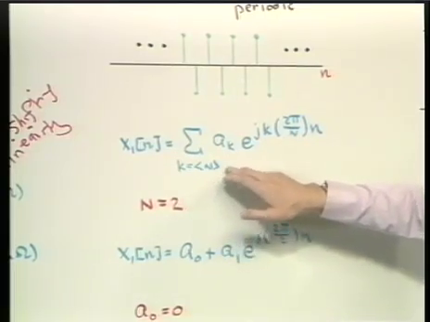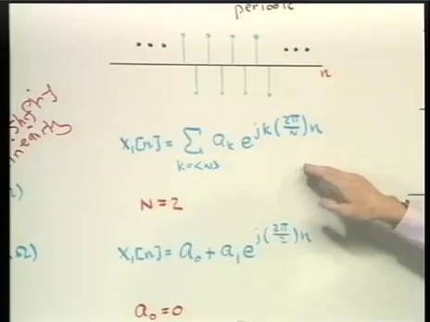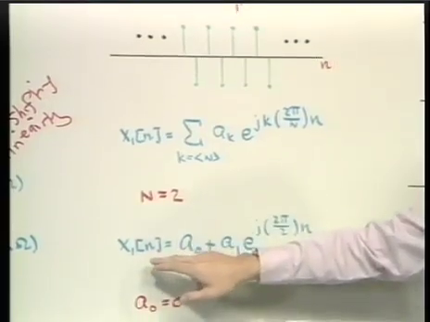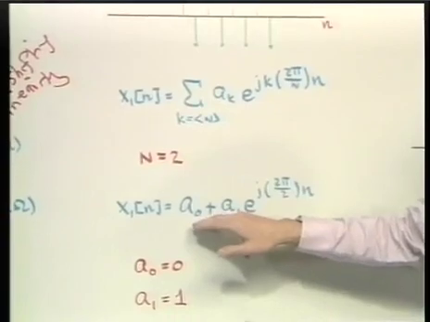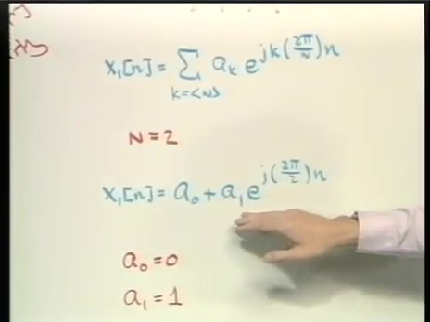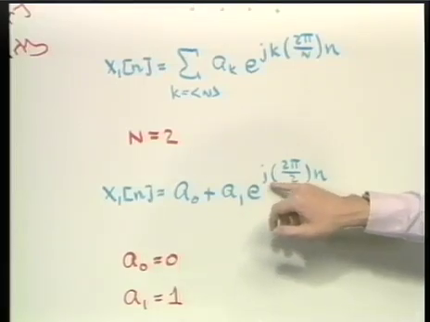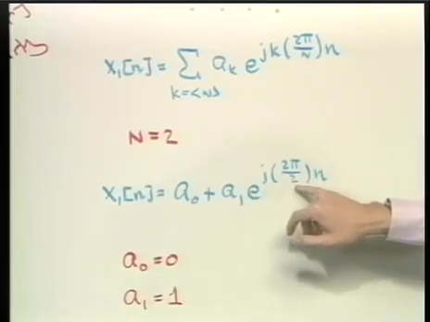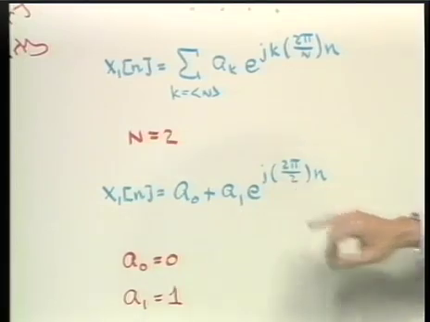And so we can just write this out with the 2 terms. The 2 terms involved are x1 of n is a0, the 0th coefficient. That's with k equals 0. And a1, and this is with k equals 1, and we've substituted in capital N equal to 2.